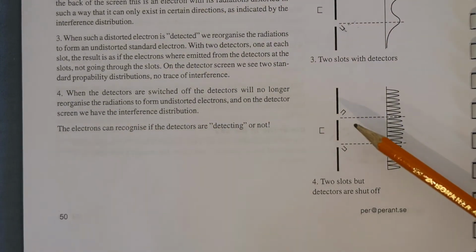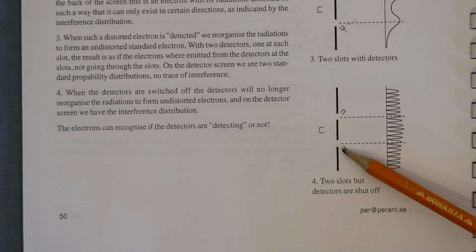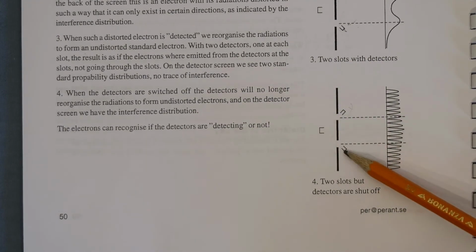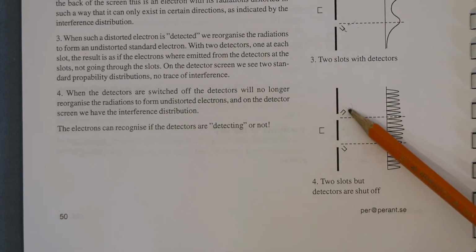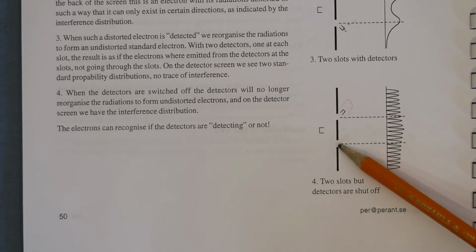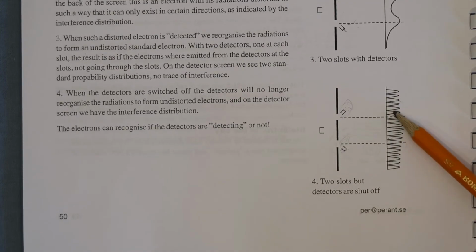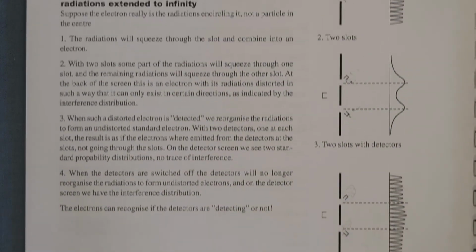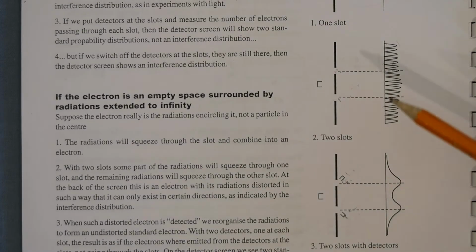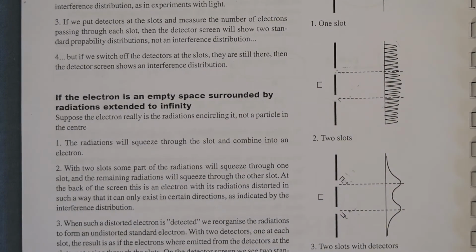But if we switch off the detectors so that they don't detect the electrons, they are not reorganizing the fields, and then we have the same pattern as when we had no detectors over here.